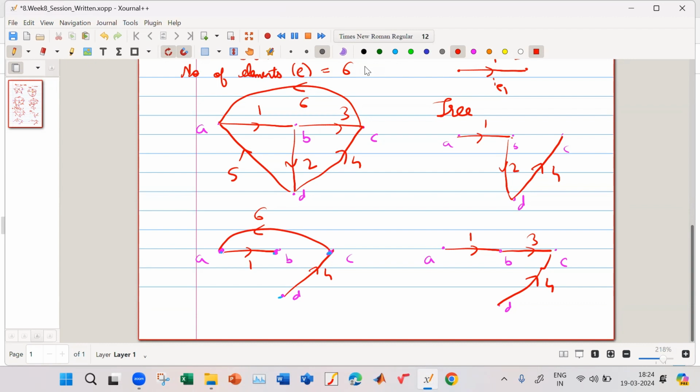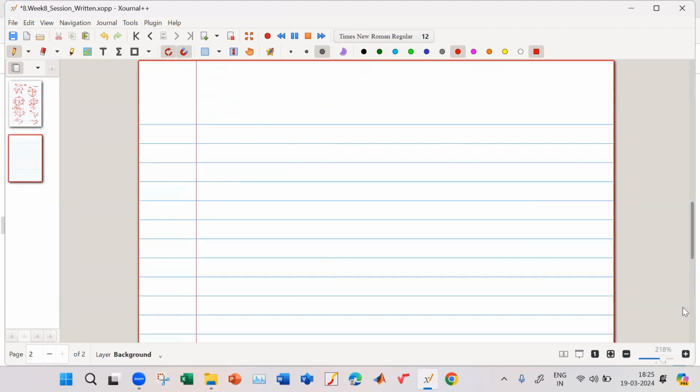I don't know the exact number, but I don't know whether it is so few. After drawing all the trees, then you can say. I don't know any shortcut method to find the number of trees. I think there is something, but I don't remember. So you can check.